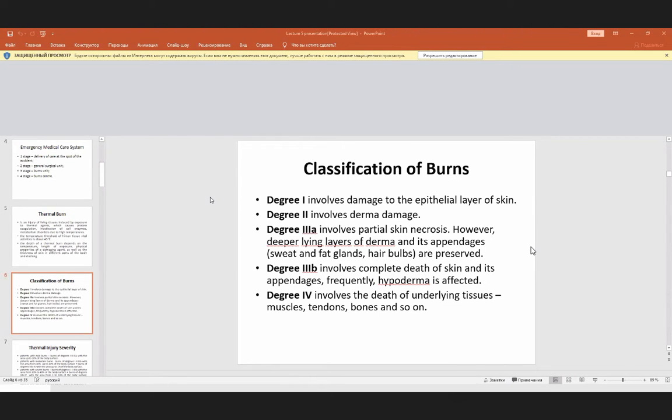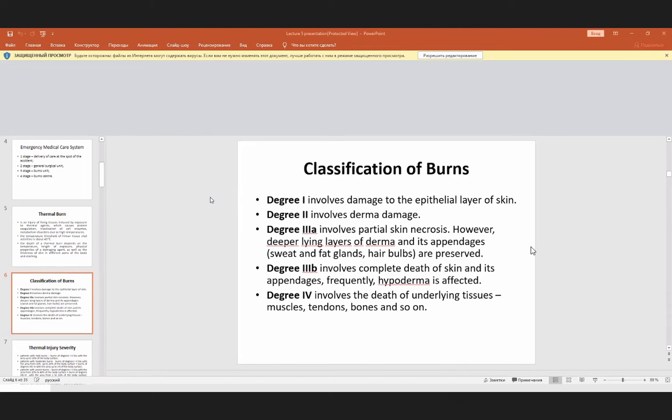Degree 4 involves the death of underlying tissues, muscles, tendons, bones, and so on. In such areas, deep wounds appear, and they don't tend to heal spontaneously, only by epithelialization or scar.